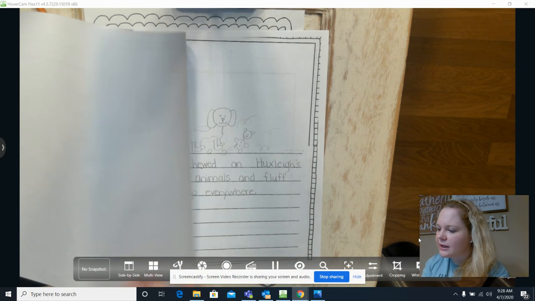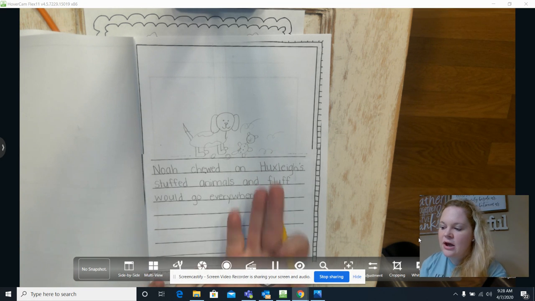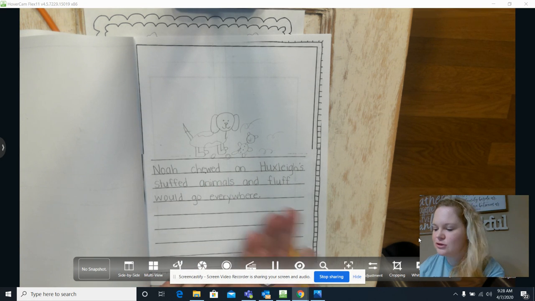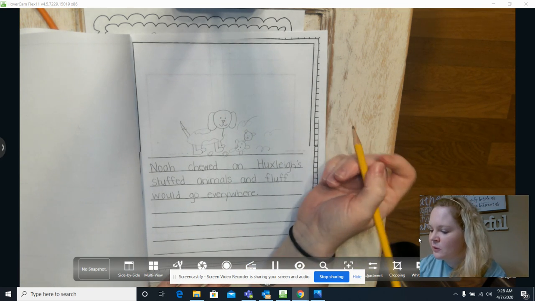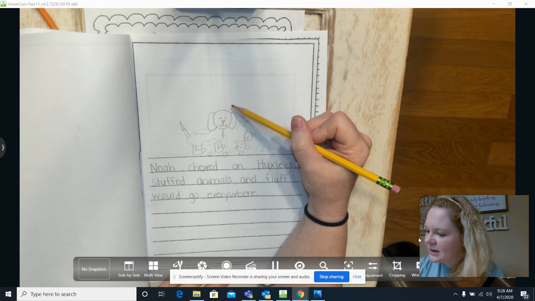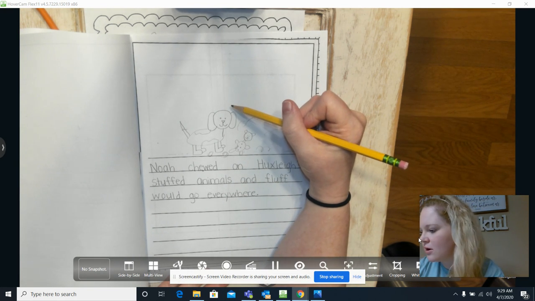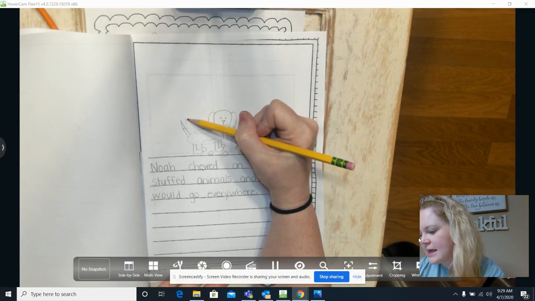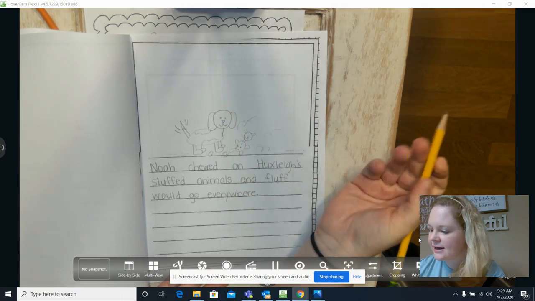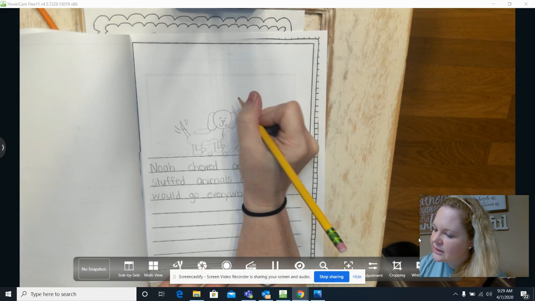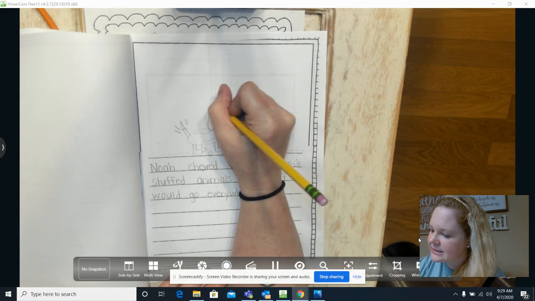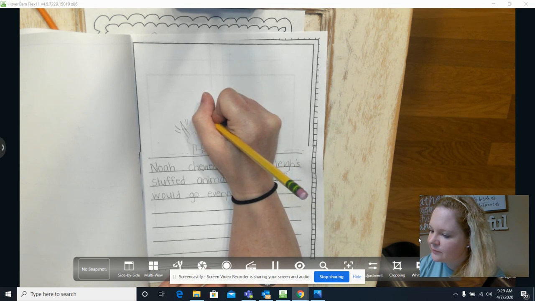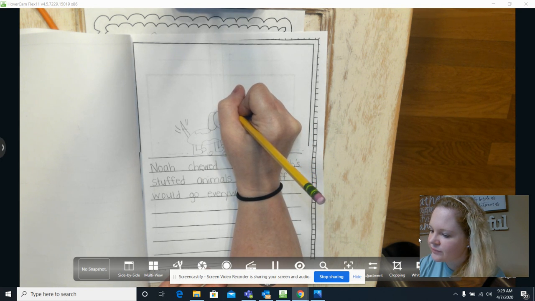So let's take a look at the next page. Okay, Noah again on this page, super happy, just excited, tearing up the teddy bear, the stuffed animal. And so on here, I could just draw her tail wagging again to show that detail. And also, I could draw her just being excited, just being playful.